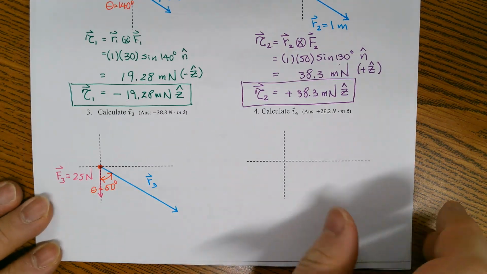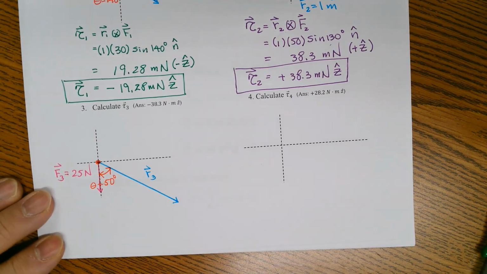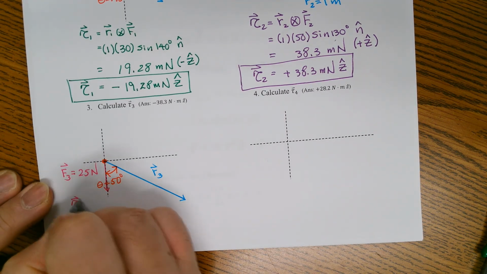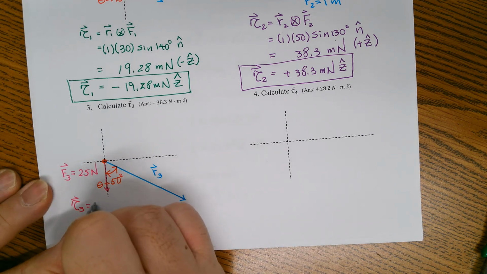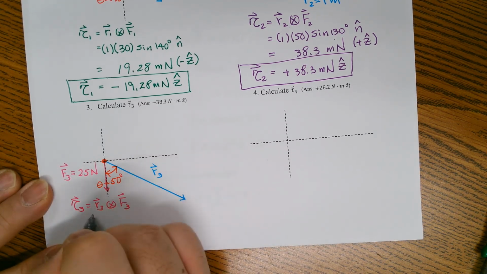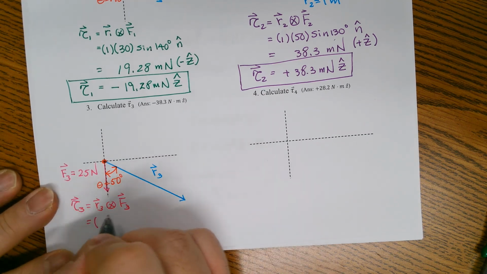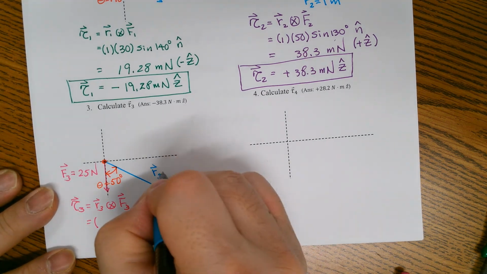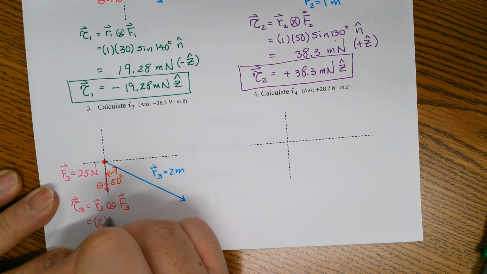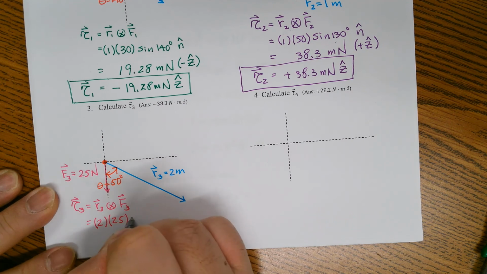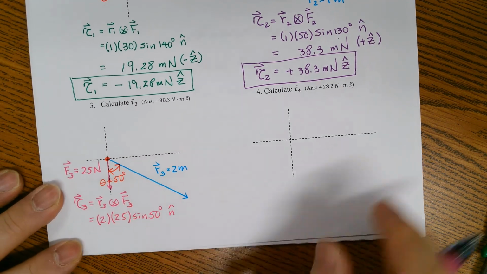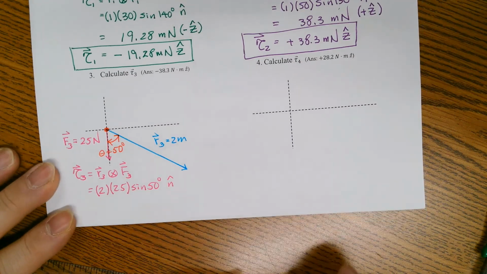So we can calculate torque 3, which is equal to R3 cross F3, and R3 is 2 meters, so 2 times 25 times sine of 50 degrees n hat. So what is my n hat?